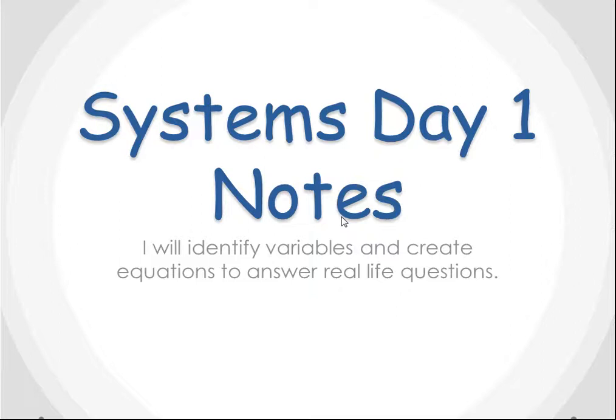Systems Day 1, what we're learning is how to take multiple equations and figure out x and y coordinates that work for both equations. And there are three possibilities. One is that you could have no coordinates that work for any of them. That would be an example of parallel lines.